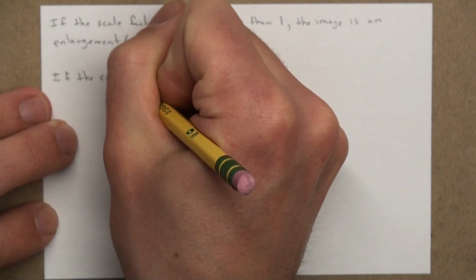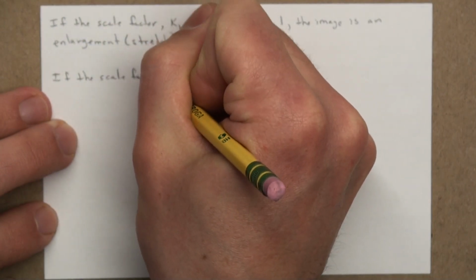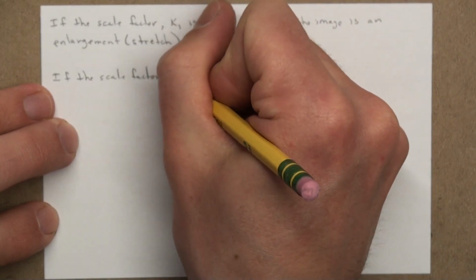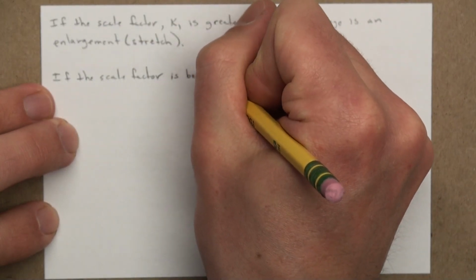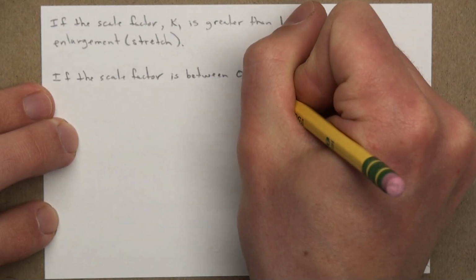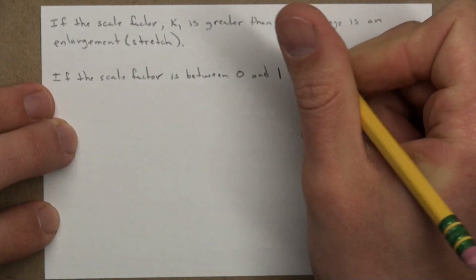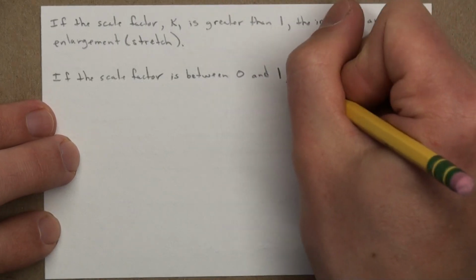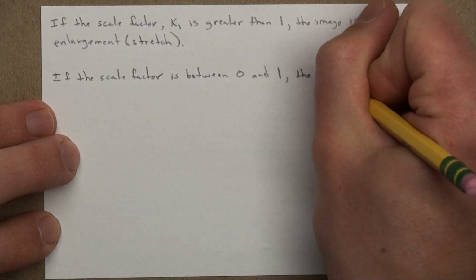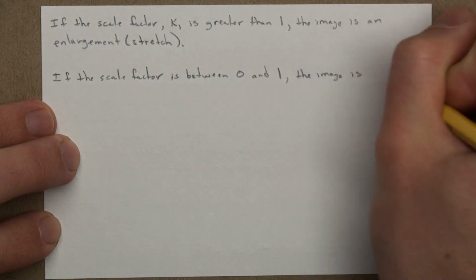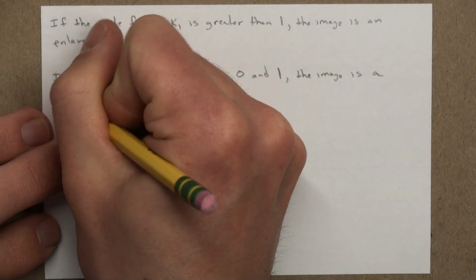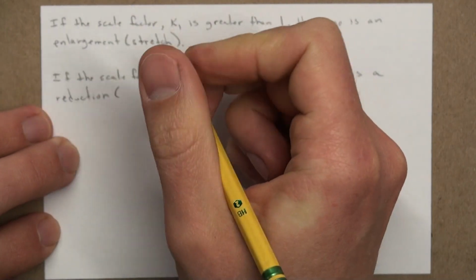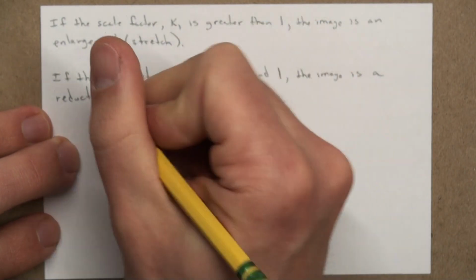If the scale factor is between 0 and 1, the image is a reduction, which you can also think of as a shrink.